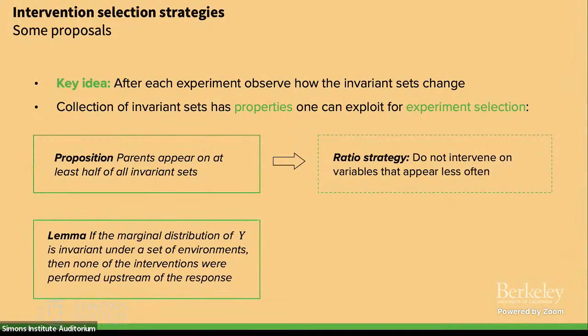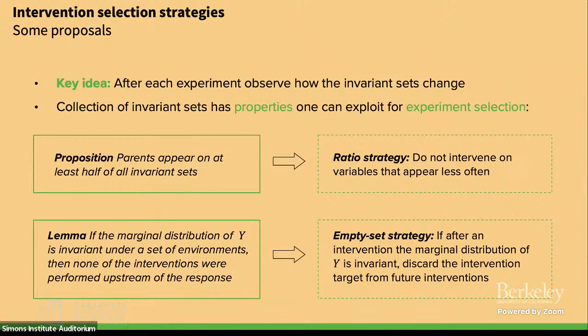Then another simple thing you can exploit is to look at the marginal distribution of Y. If that is invariant under a set of environments, then you know that none of the interventions in that set of environments were performed upstream of the response. From that, we derive the so-called empty set strategy, which says that if after an intervention the marginal distribution of Y is invariant, then we discard the intervention target from future interventions.